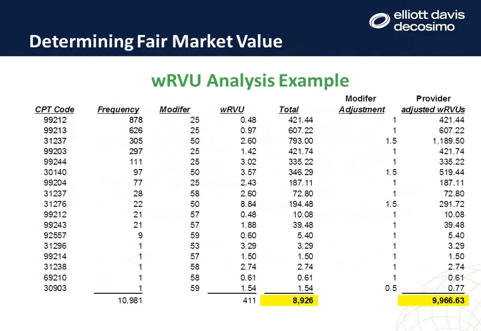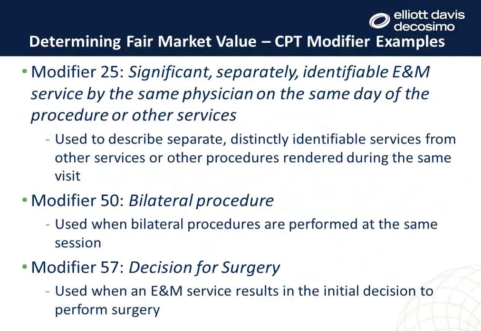There's a variety of RVUs or modifiers that you need to make sure you pay attention to, and some of them affect the RVU and some of them don't affect the RVU. Some of them will affect the payment without affecting the RVU. And so I'm not going to give a lesson on modifiers.